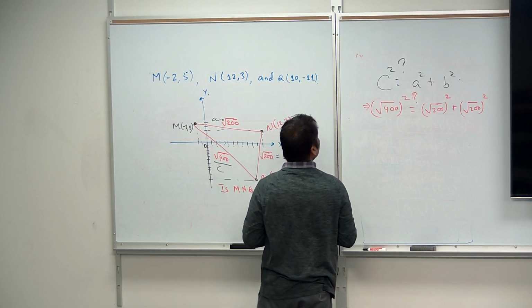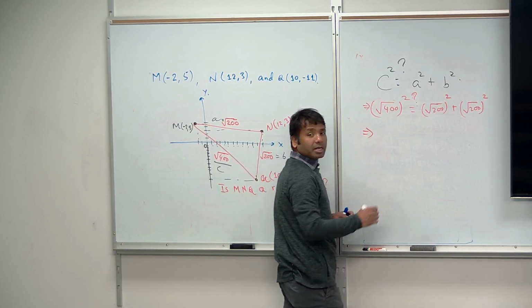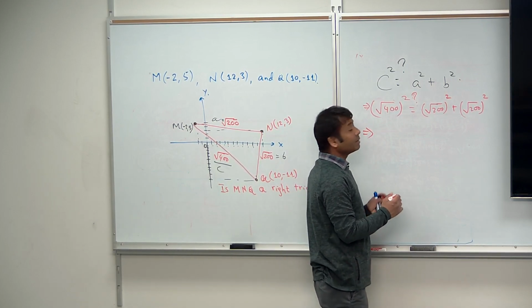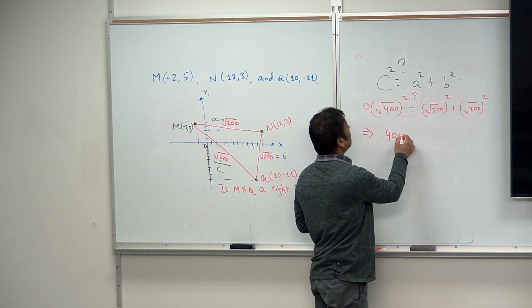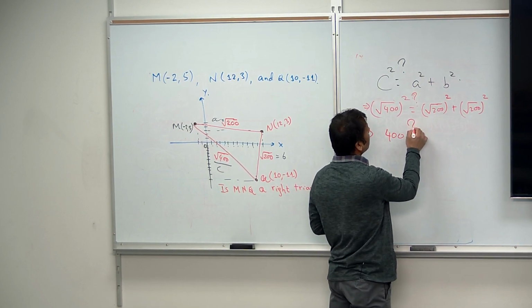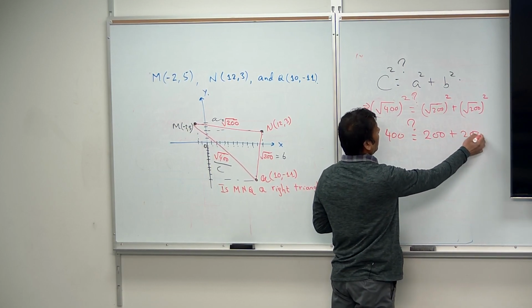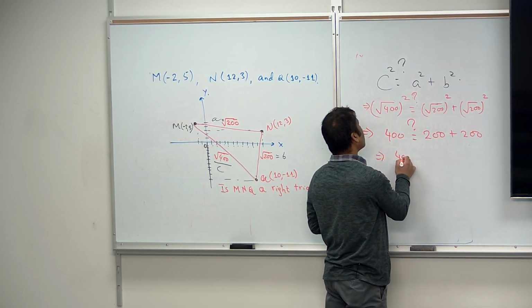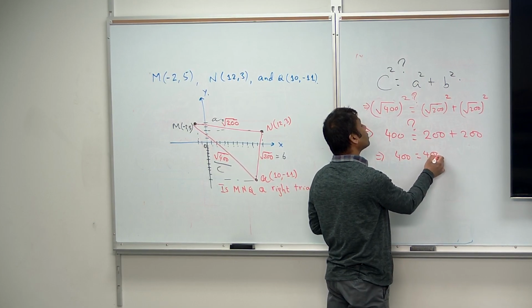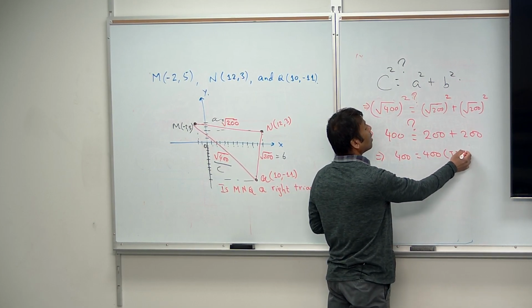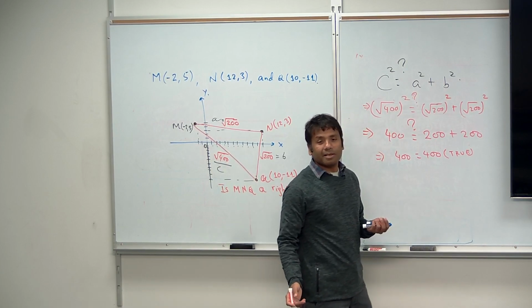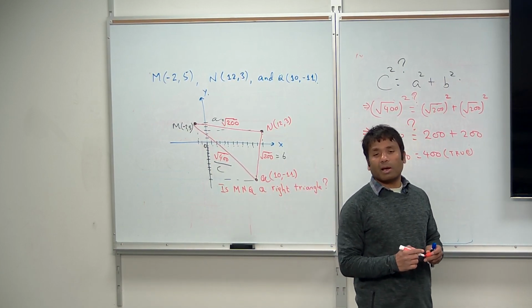So radical 400 square, what is radical 400 square? 400 equals to, what is this? 200, good. What is this? Hey, did you see that? If 400 equals 400, this is true, is that right? So that means it satisfies the Pythagorean theorem, right?